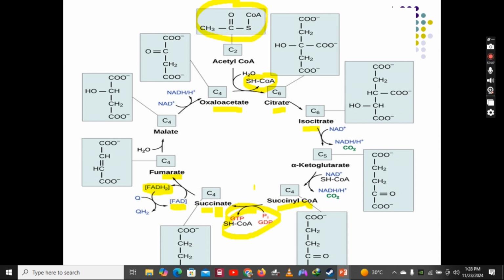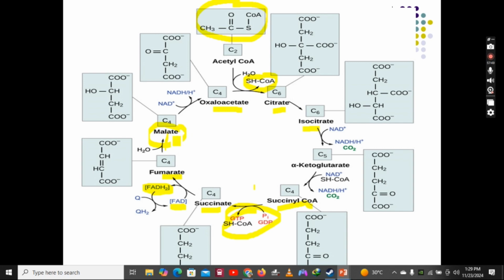The energy at this stage is insufficient to reduce the NAD to NADH, but it can reduce the FAD to FADH2. This one will remain attached to the enzyme and transfer electrons to the electron transport chain. Then the fumarate will be converted to malate after the addition of a water molecule.